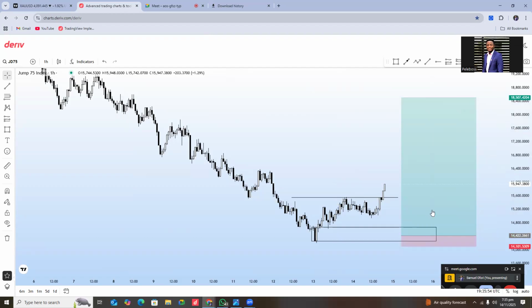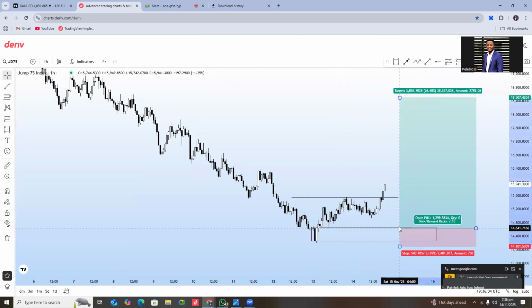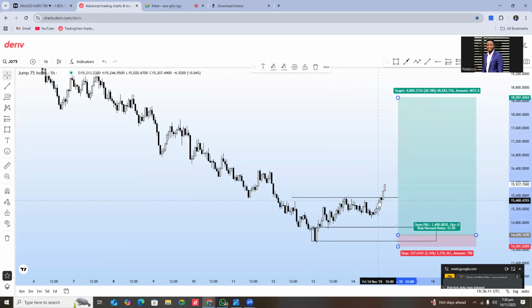So ideally, we are expecting that when price drops into the block, at that point, it should give us indications that it is about to reverse. That is the reason we didn't put the entry right on the block, but sent it a bit inside, because we want to believe that price would react to the block and then give us signs that it is about to reverse. Okay.